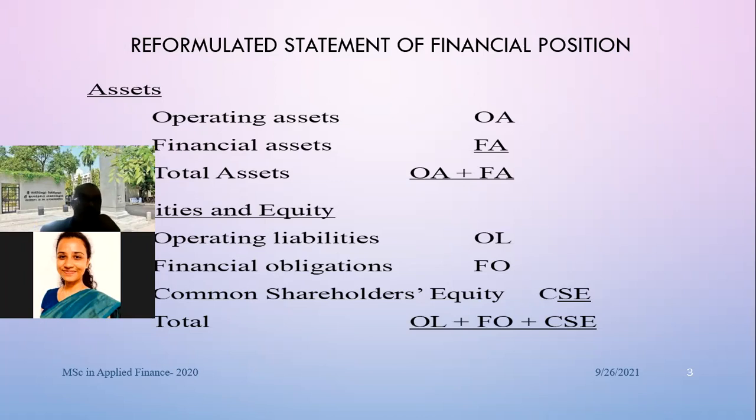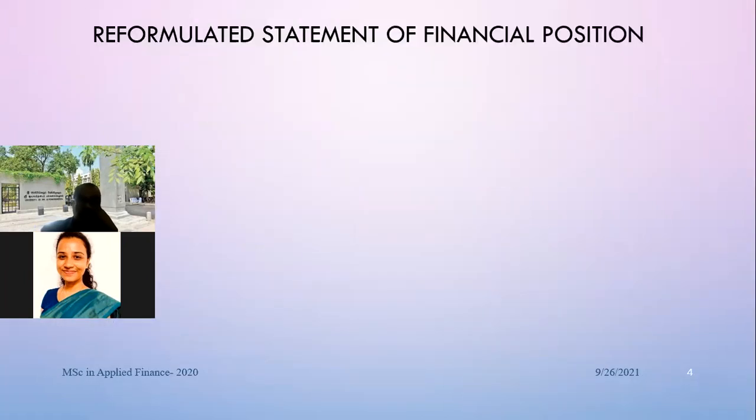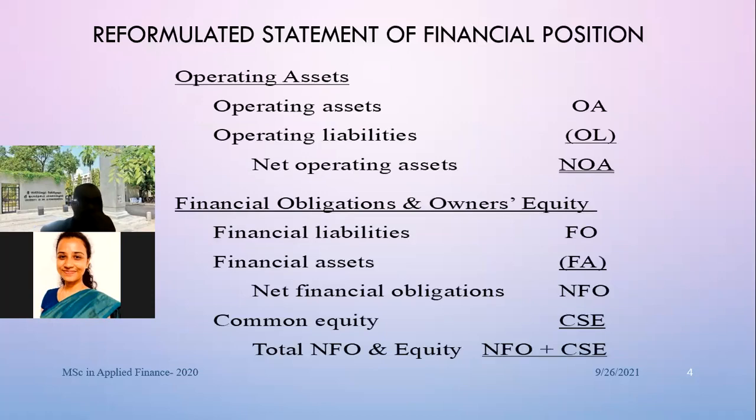Now, the total assets can be separated into operating assets and financial assets. But for further analysis, we do something like this. Assume that you want to carry out operations supported by assets worth 100 million.